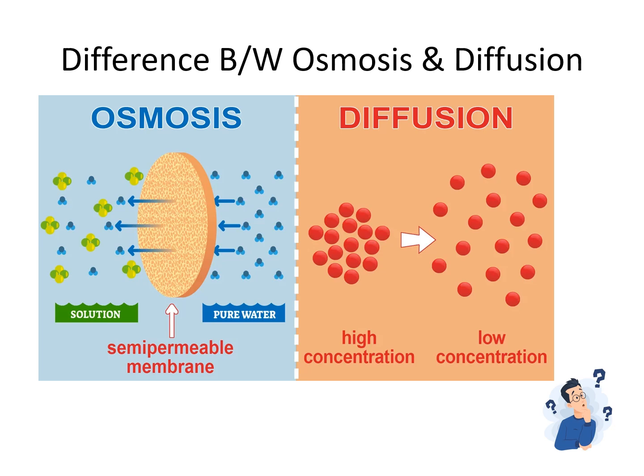So now think about that. What is the difference between osmosis and diffusion? Osmosis always requires a semi-permeable membrane. However, diffusion is the movement of solute, or the ions, from the higher concentration to the lower concentration.